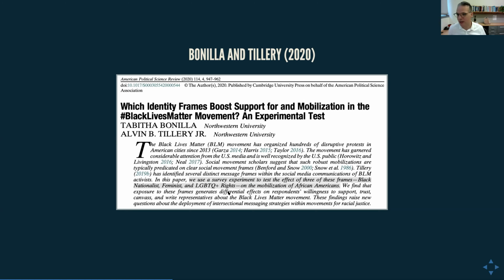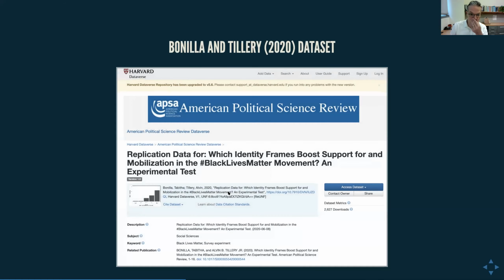That's going to say they're doing subgroup analysis. So the question I have reading this abstract, and when I look at the pre-analysis plan, is: which of these subgroup analyses were pre-specified? Just to demonstrate how transparent they are, here's the data set on Dataverse.